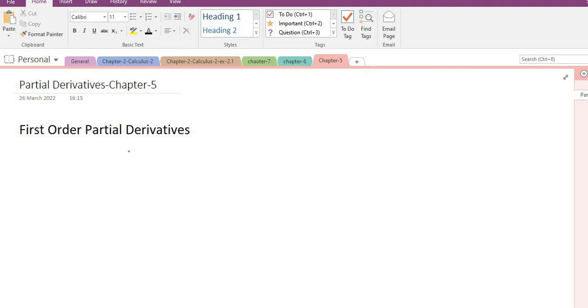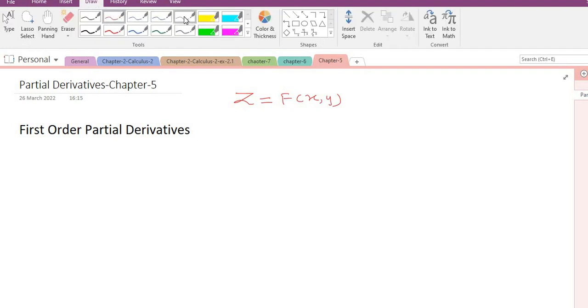Before starting, I want to tell you that if any function is written like z is equal to f of x y, then we need to check what x and y are and what z is.